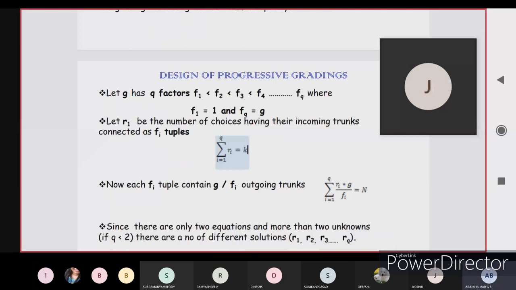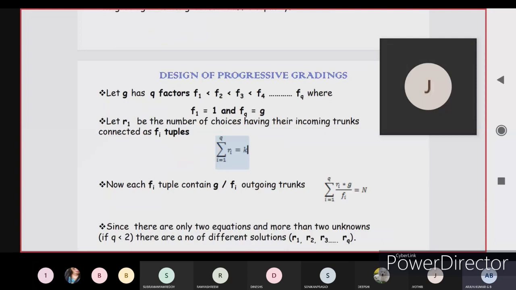Successive difference we will get. In calculating the successive difference, whichever gives the smallest value, you choose that D value as the best grading for the particular network. Okay, clear? You get some successive difference value for each equation.